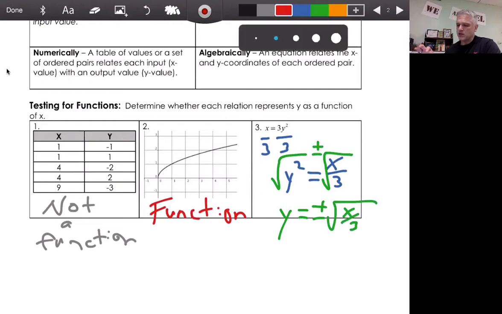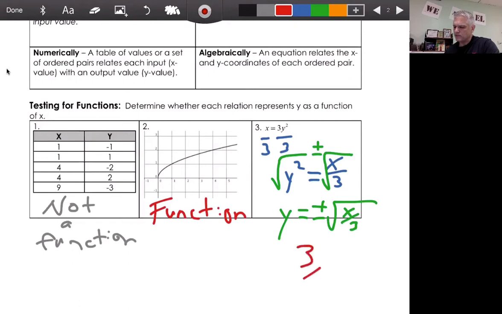And I'm just going to say, look at this. When I have plus minus, that tells me that there are some x's that are going to give me 2 y's. For example, if I say x is 3, when x is 3, I've got 3 over 3, which is 1, and I got the square root of 1, which is 1, but my y is going to be plus or minus 1.